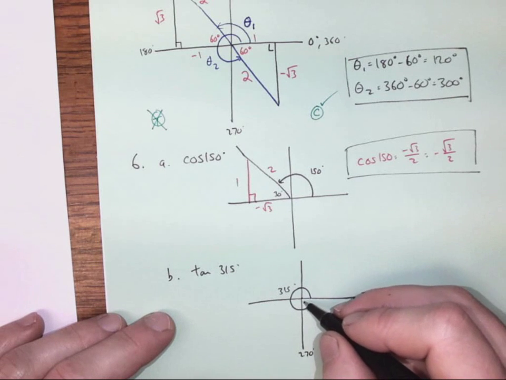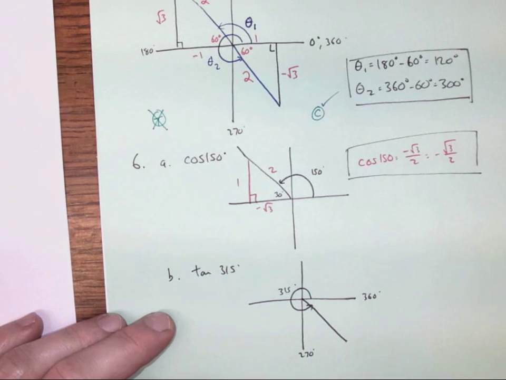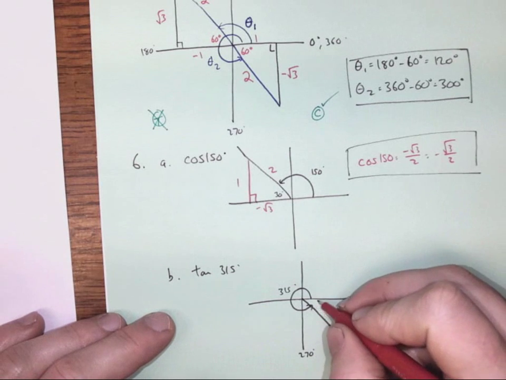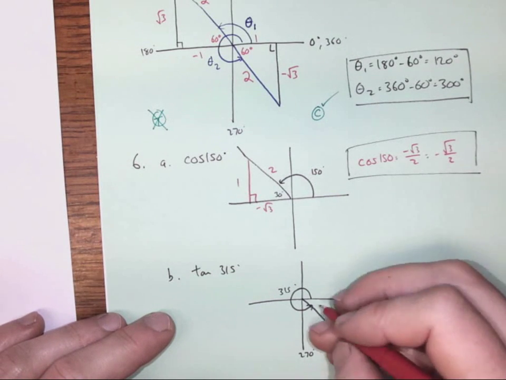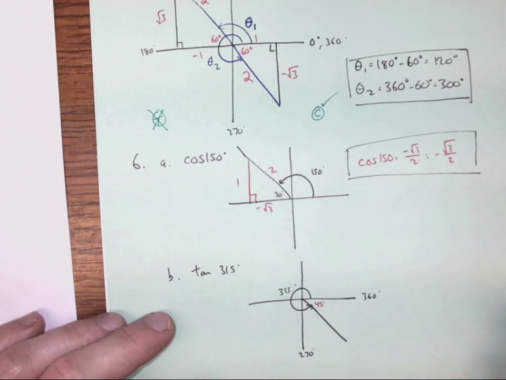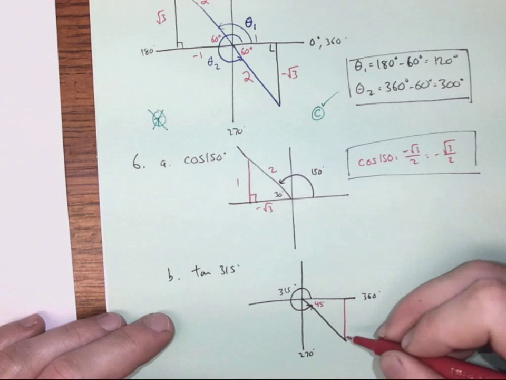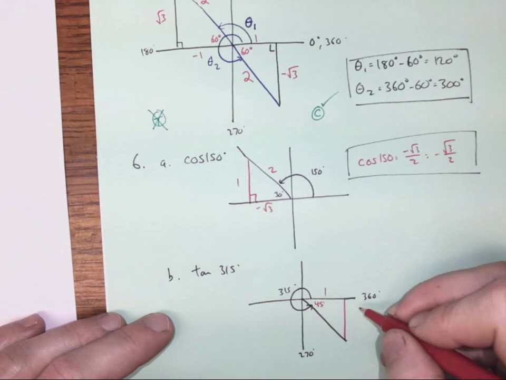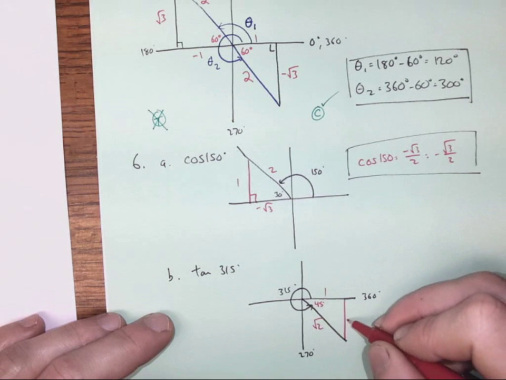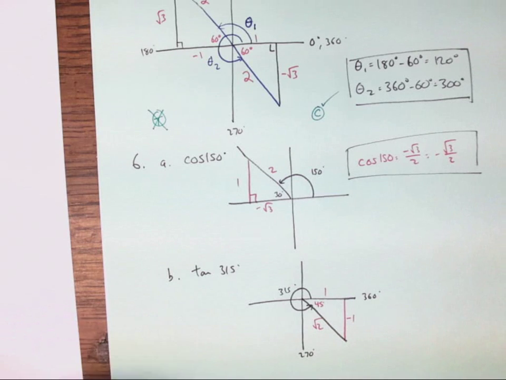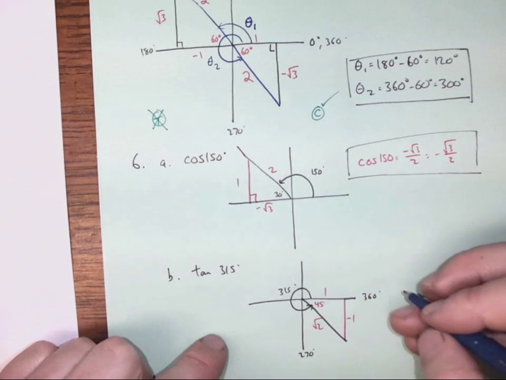So I can draw a reference angle triangle here as well. A 45 triangle means we have a side of 1 and a root 2 hypotenuse, and then we'll have a negative 1 over there. So we want tan of this value. We can say tan of 315 is equal to negative 1 over 1, which is just equal to negative 1.